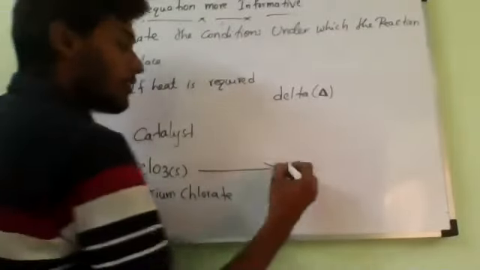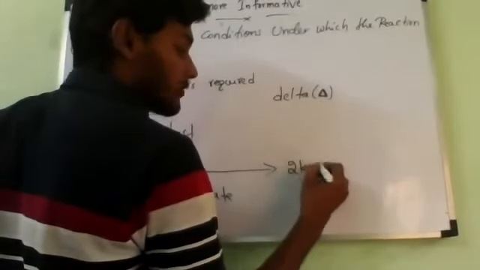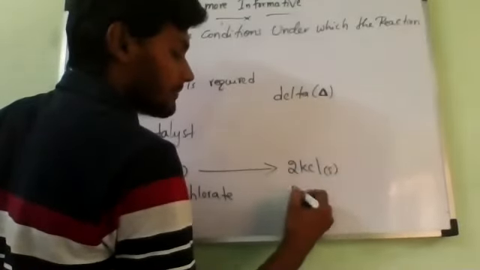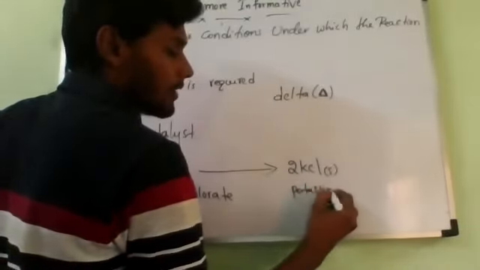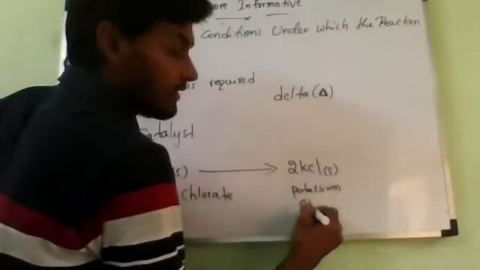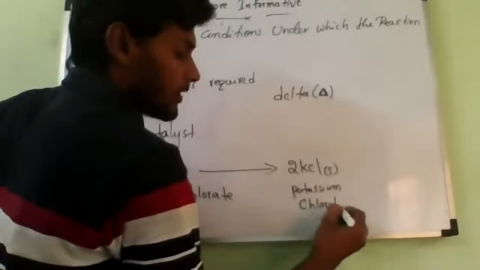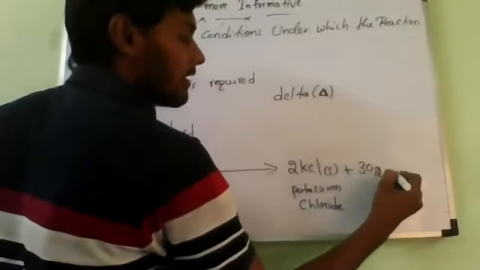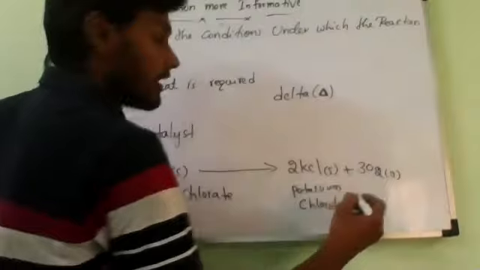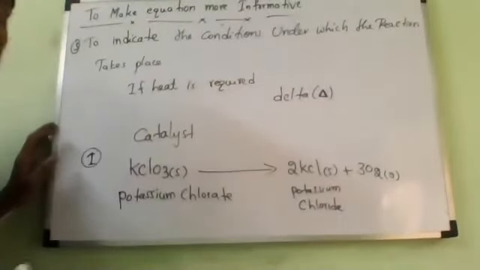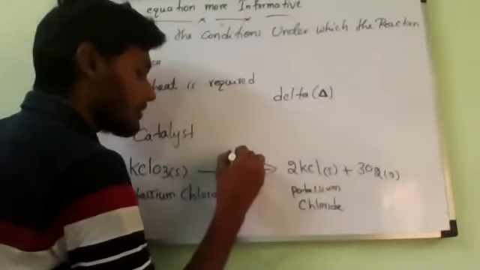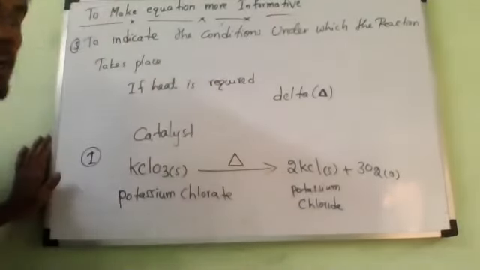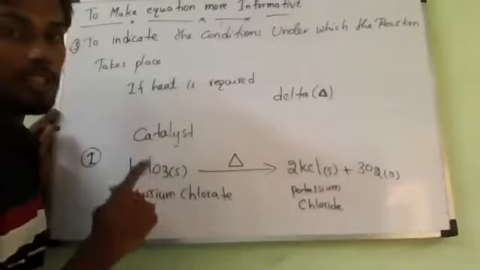Then in the presence of a catalyst, we get KCl, potassium chloride, plus we also get oxygen. Oxygen gas is released. So here if you observe, heat is required, so I will mention the delta above the arrow, and also we are using a catalyst here.